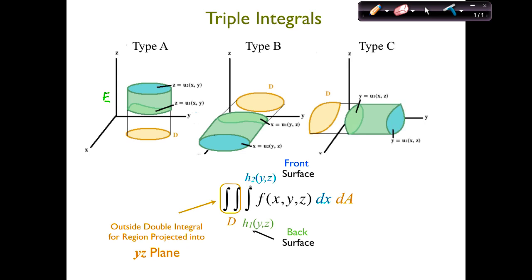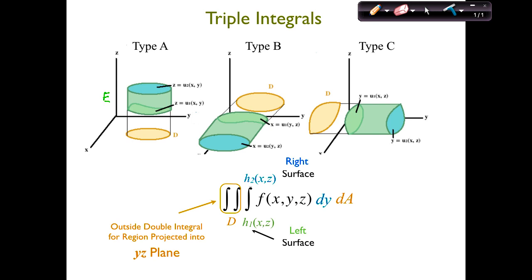Finally, type C. So what variable do we integrate with respect to first? y, agree? And then what's the inside integral, from what to what surface? Left to right. Left surface to right surface. Those are functions of x and z, because we're integrating with respect to y.